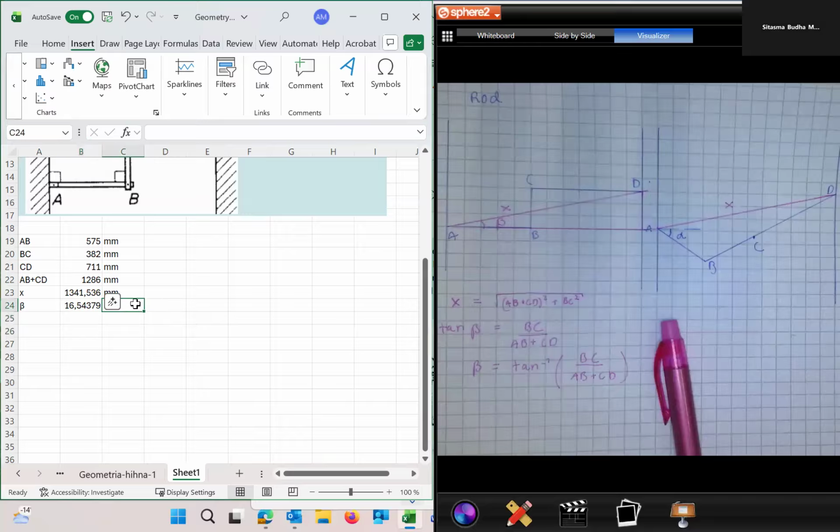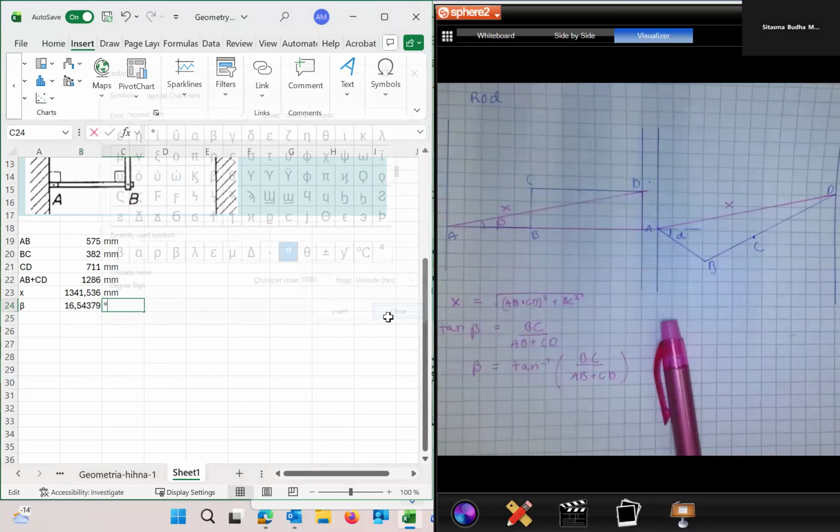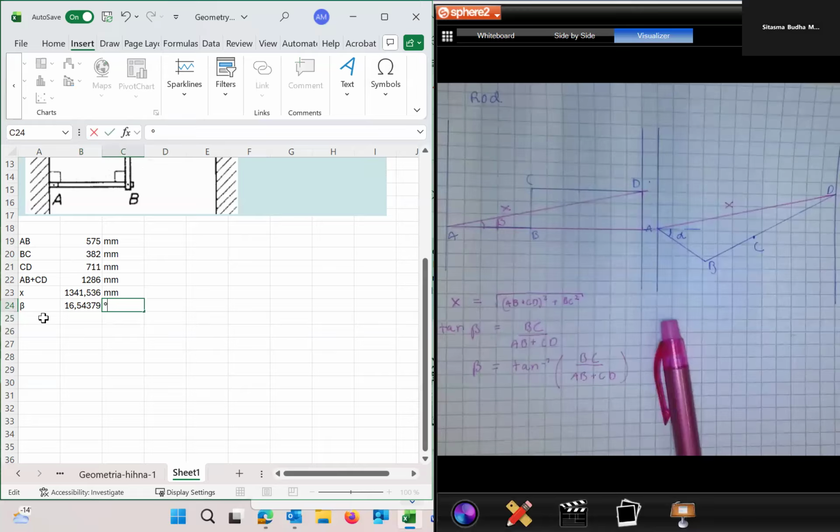Maybe. We'll see how it goes. Do I have a symbol for it here? Yes. And then I can progress to solve the angle.